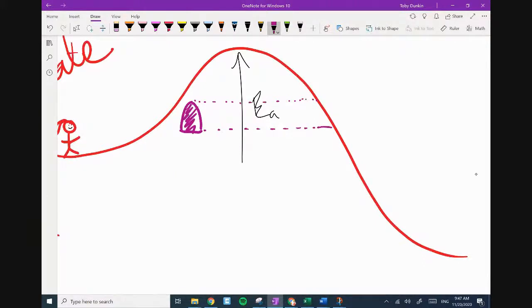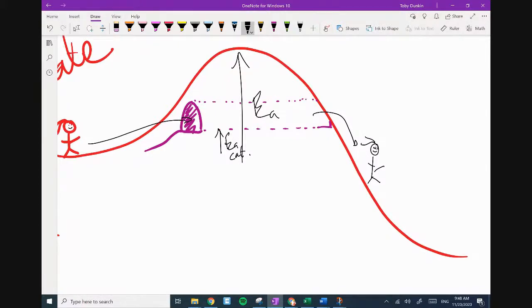A tunnel opens up on the other side, so instead of climbing all the way, she goes straight through the tunnel and pops out the other side. She takes a completely separate pathway with a lower activation energy. You've got to say: catalyst, completely separate pathway. It's a different path.